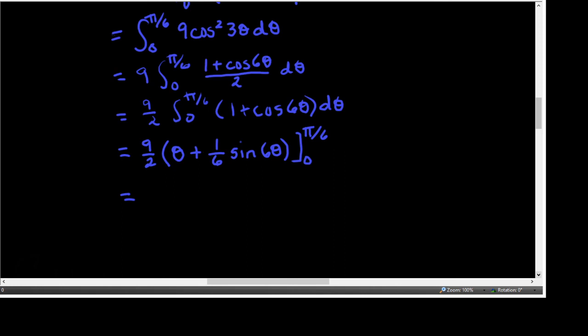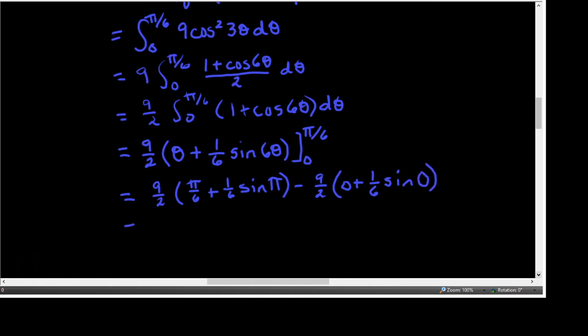Okay, so substituting, we get pi over 6 plus 1/6 sine of 6 times pi over 6, which is pi, minus 9/2 times the quantity 0 plus 1/6, oops, 1/6 sine of 6 times 0, which is 0.